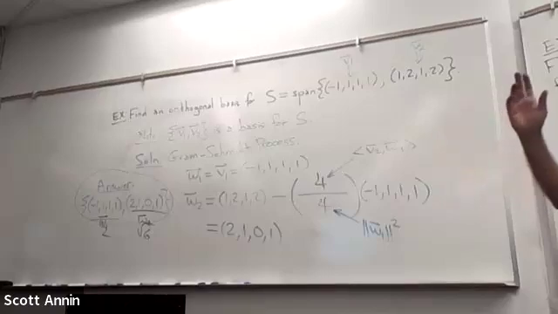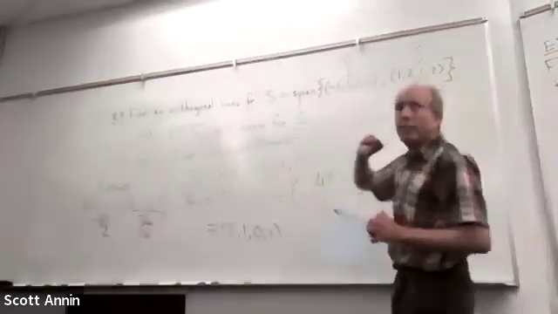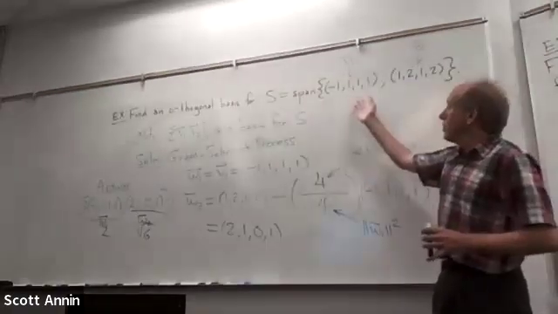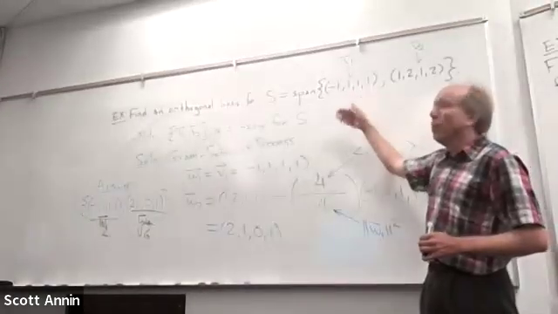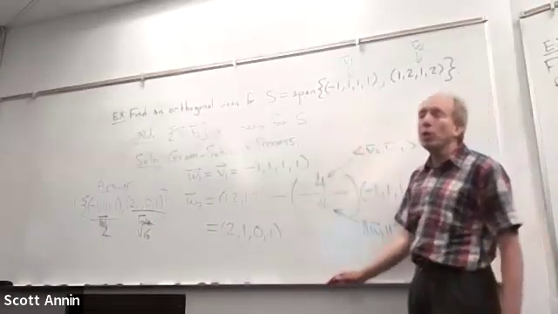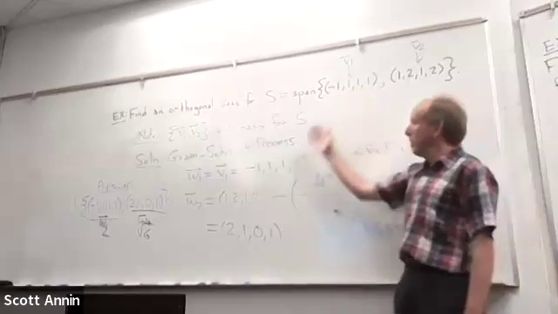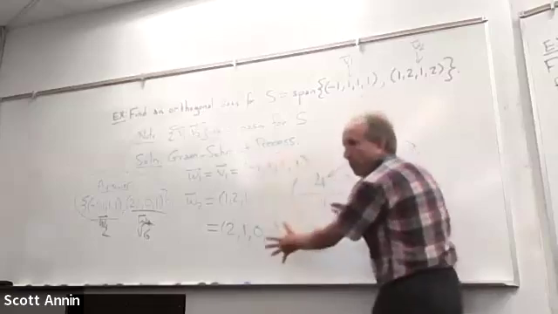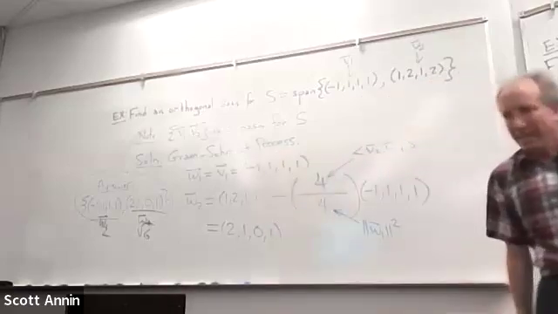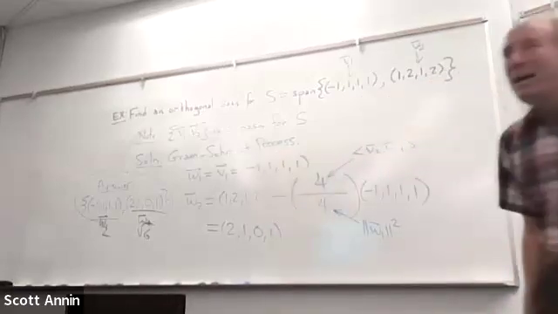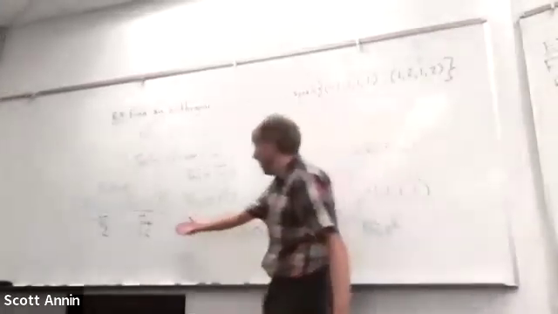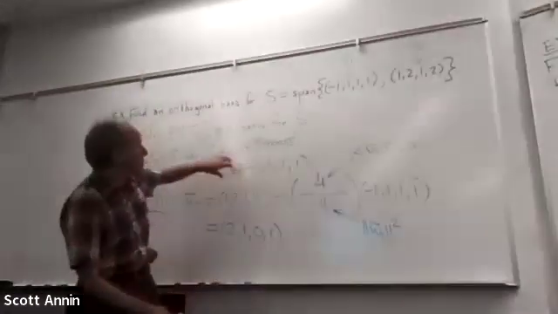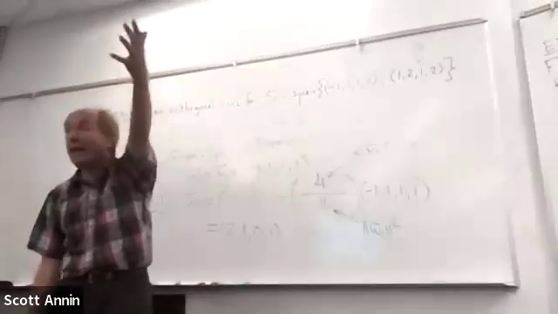When I first was looking at this subject years and years ago, I was having people normalize their vectors as they go along. So you can say, well, I'll start with W1 and I'm going to normalize it right away, and then work with that to do the W2. It's not a good idea. I figured this out the hard way, because a lot of times you'll get things like radicals in the slots of your vector right off the get-go.